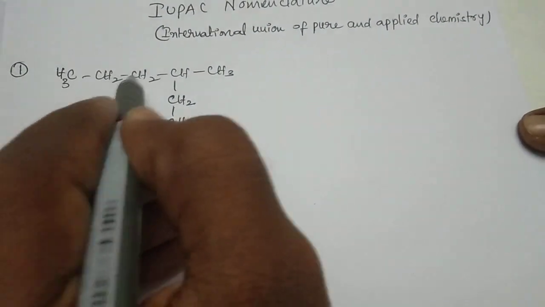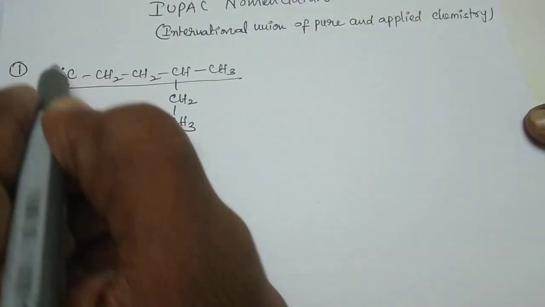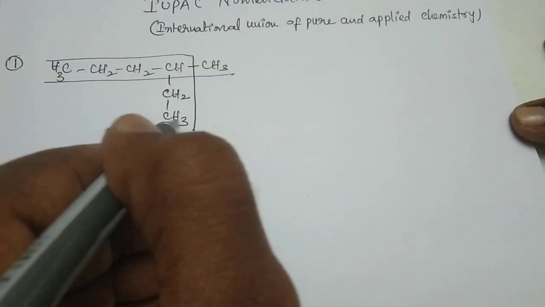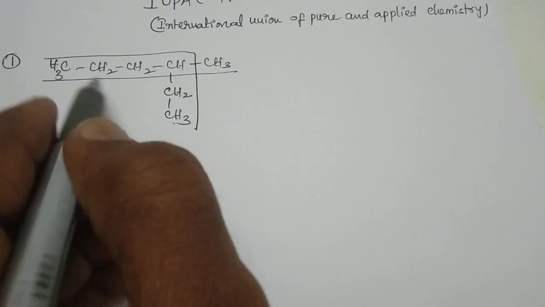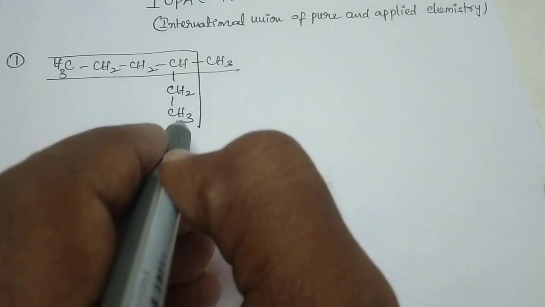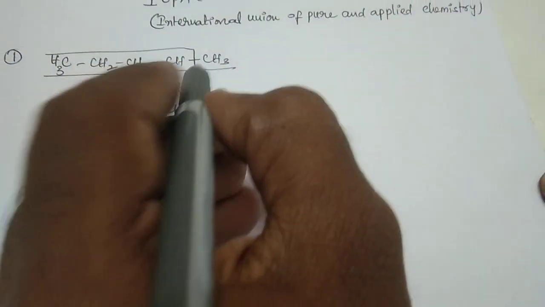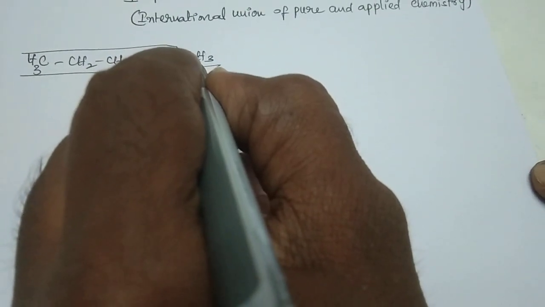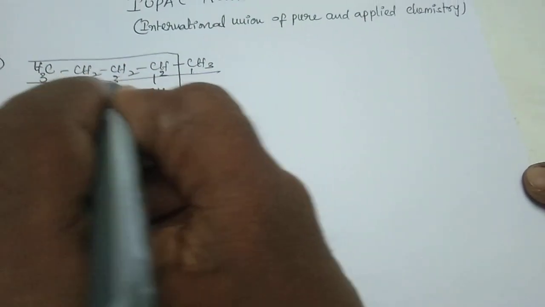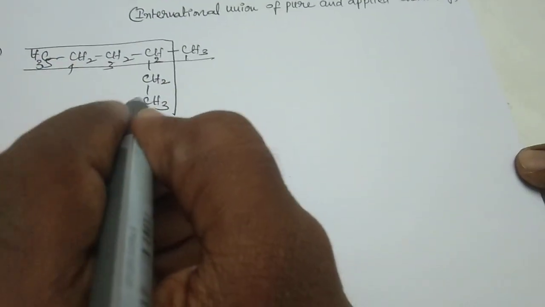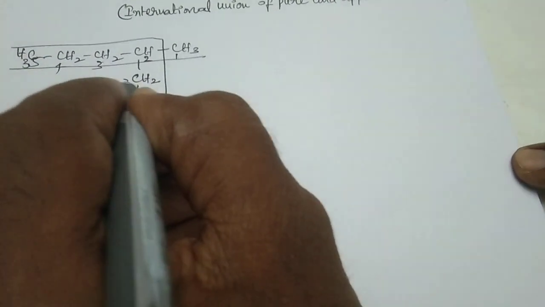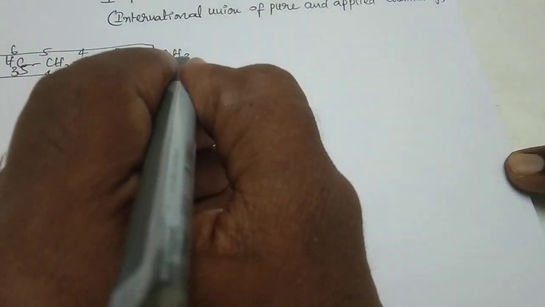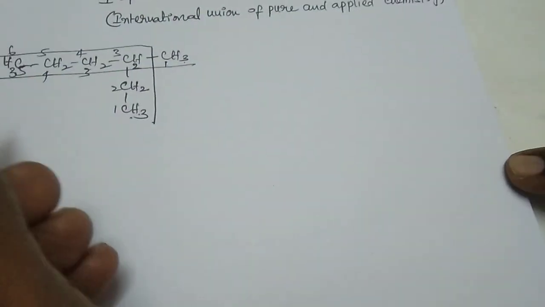It can be a straight line like this, or it can be a bent line also. So you have to select either this is the longest carbon chain or this is the longest carbon chain. So now if we give the numbering from this side, 1, 2, 3, 4, 5, and if we give from here, 1, 2, 3, 4, 5, 6. So this is 5 carbon and this is 6 carbon atoms.